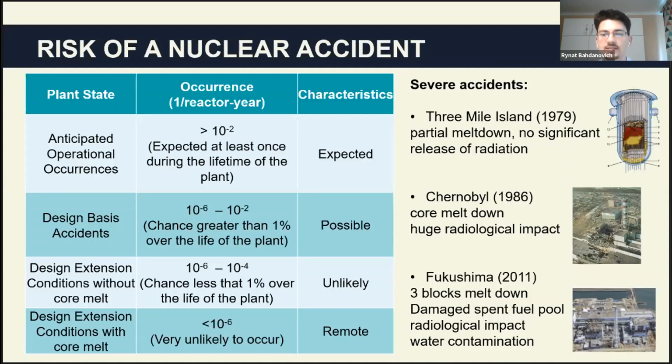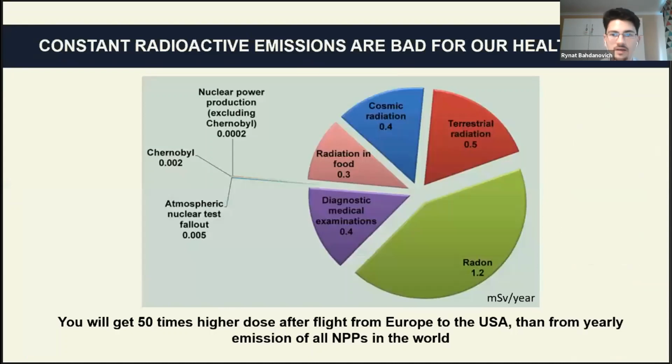Modern reactors have better safety systems and even systems for severe accident mitigation, such as the core catcher, which holds molten fuel inside the containment, hydrogen recombiners, and others. If we now look at the radiation emission from nuclear power plants and emissions associated with these accidents, they are really small.